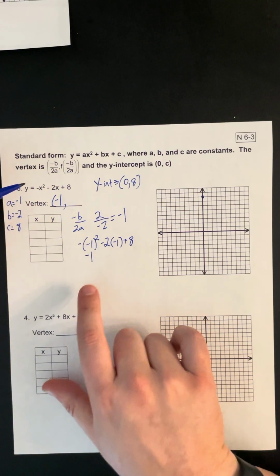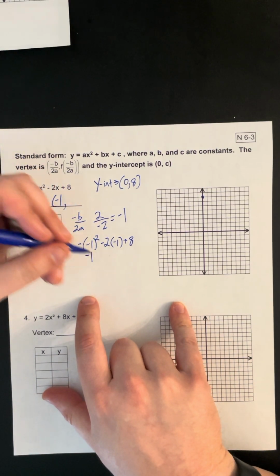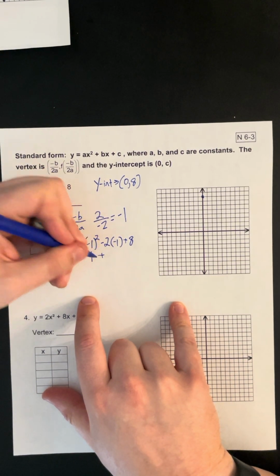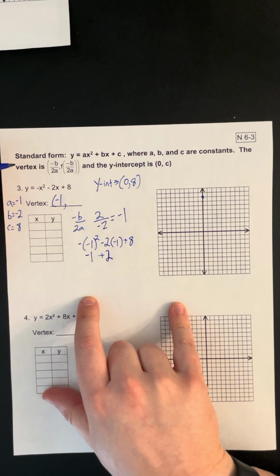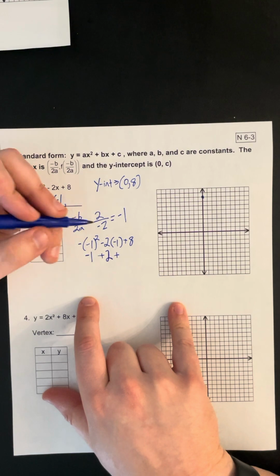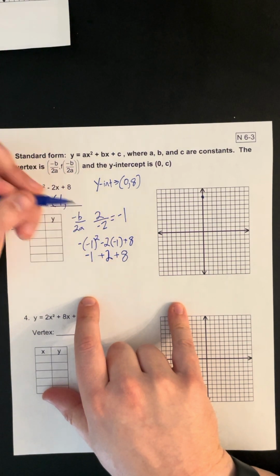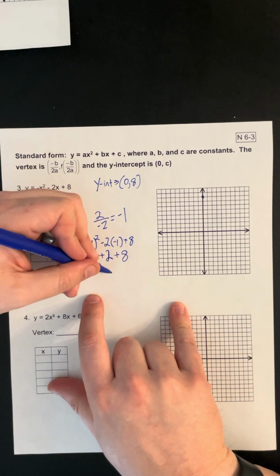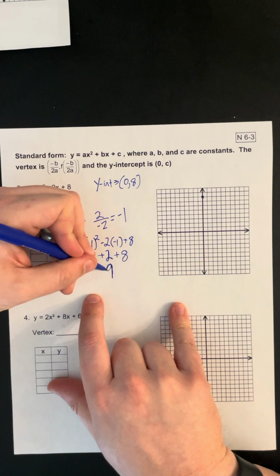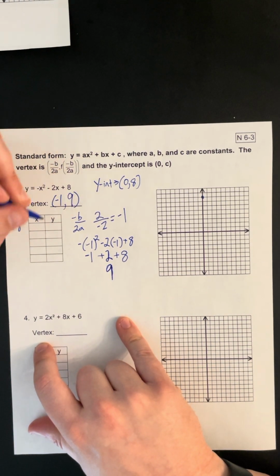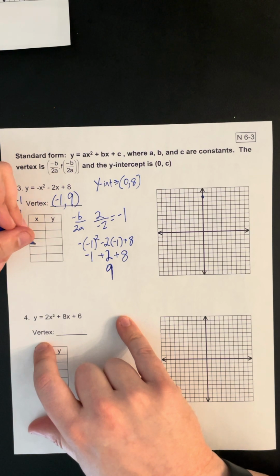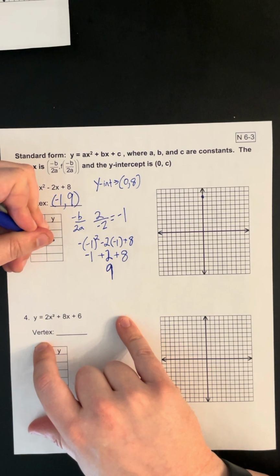Then negative 2 times negative 1 gives me a positive 2, sorry. And then a positive 8. I'll add that all up together, and I get the y value as 9.